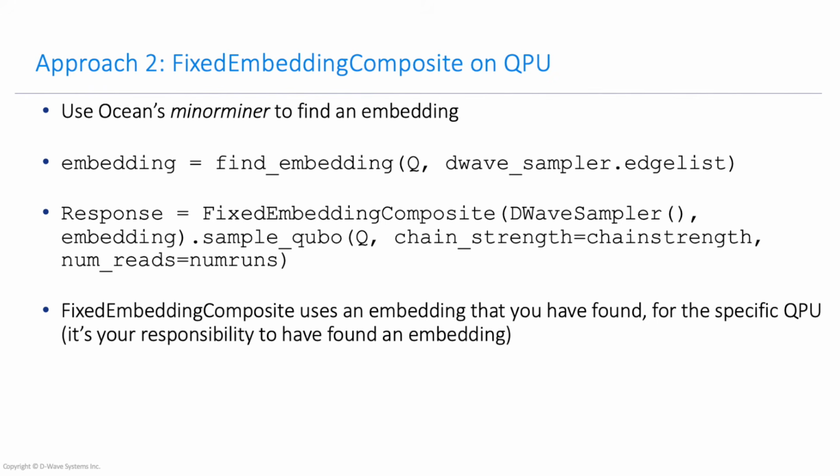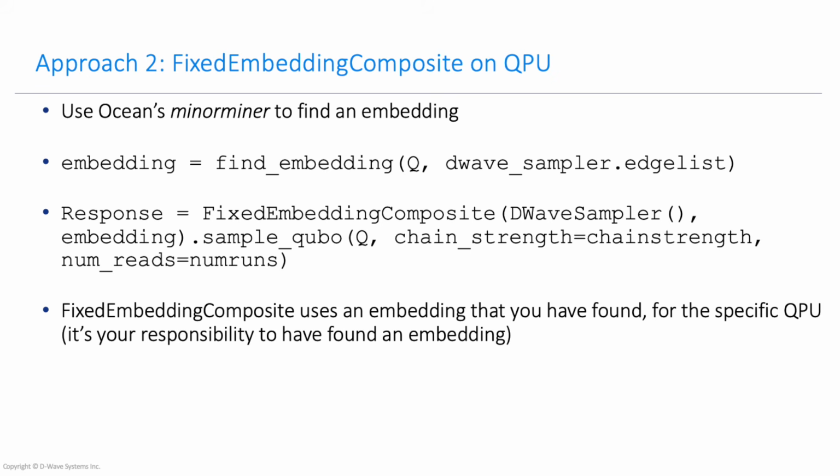You can see that in addition to a sampler, like the DWave sampler, it takes an embedding. That embedding is found on the line before, find embedding, where you give it the edge list from a real solver, for example, and the Q matrix, and it finds the embedding. Find embedding is from code called minor. That's another one of Ocean's packages.